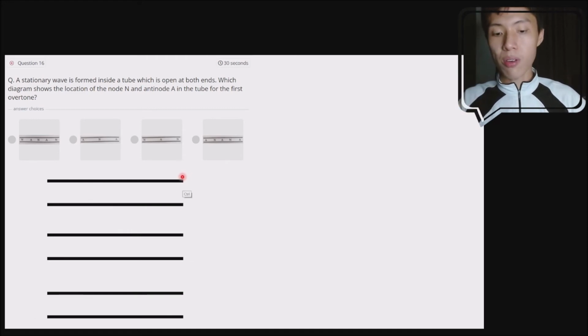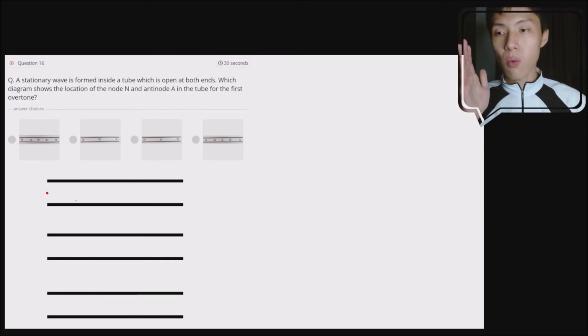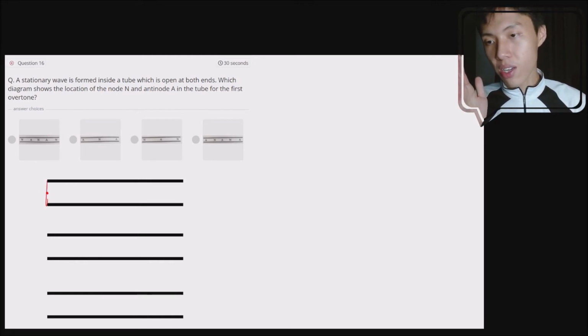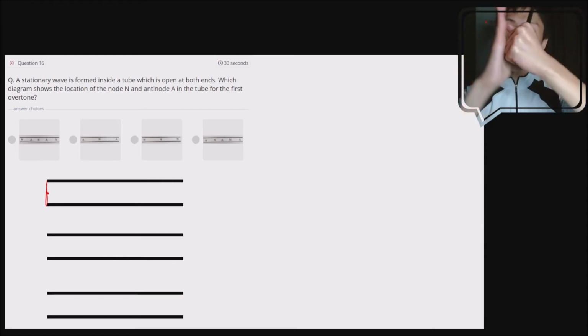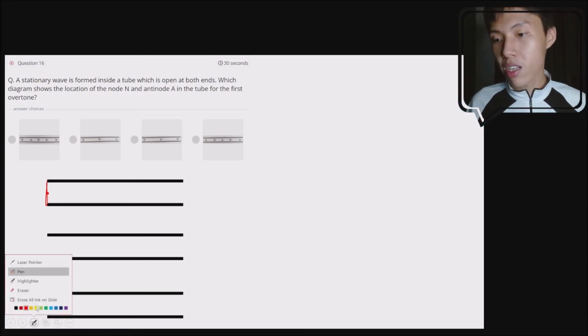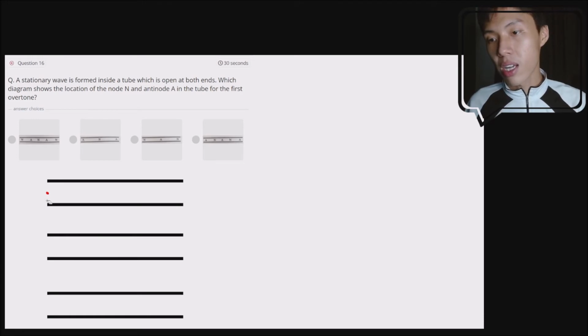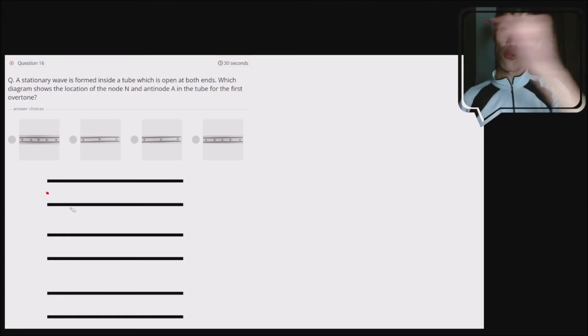So if you think about it, if your particle is placed here, then this particle is not being locked in its position. If there is a wall here, then your particle near the wall cannot vibrate, right? Because there's a wall blocking it. But if it's a pipe that is open, then this particle has room to move.